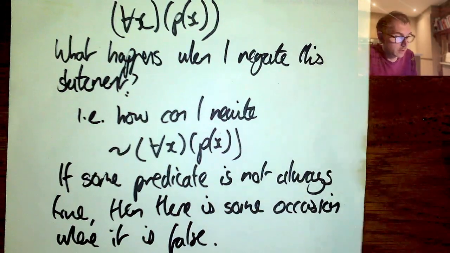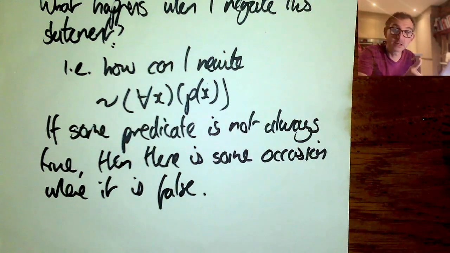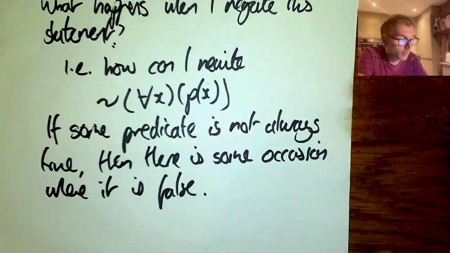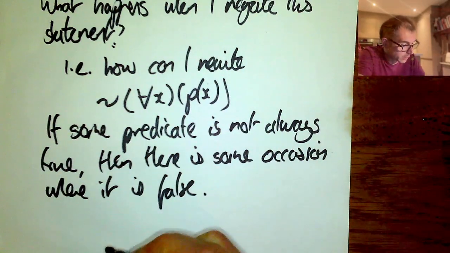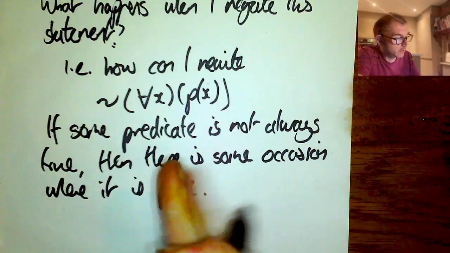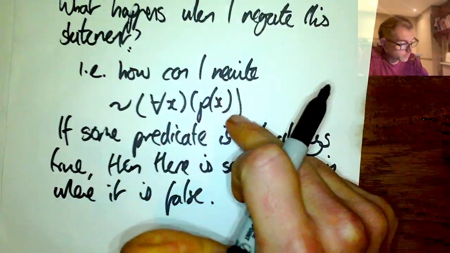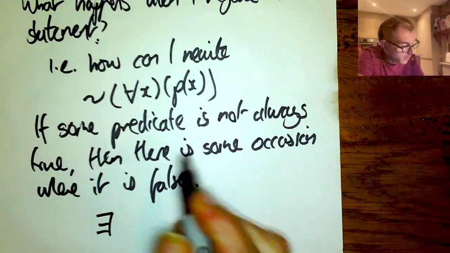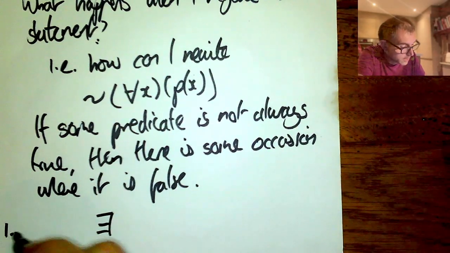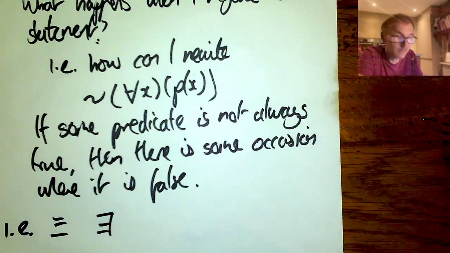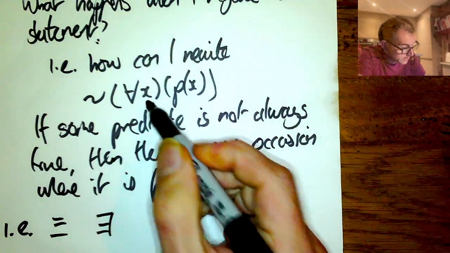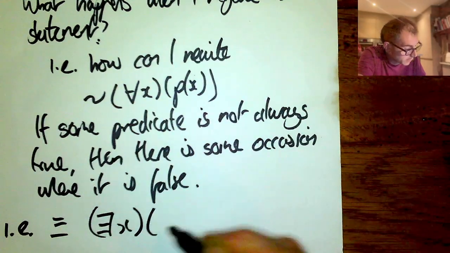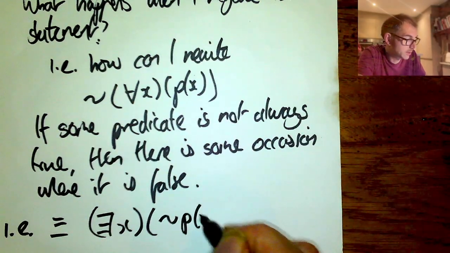All right, and that is the rule. If I just now write down this back in formal predicate logic, I will have the rule I'm interested in. So if p of x is not always true, then there exists some, so this is equivalent to, there exists some value of x such that p of x is false. In other words, not p of x is true.